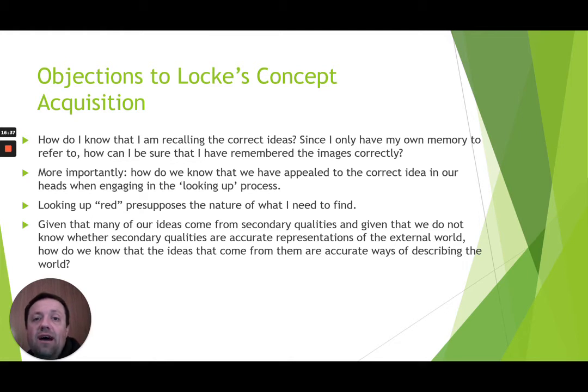They are how our mind and our senses are able to represent the mind-independent world to us. But if that representation is limited, or if that representation shows us something that is not exactly what's there, then obviously we will have developed ideas from those experiences. So then the question is, how do we know whether the ideas that we've got are the correct ideas for describing reality? And that's perhaps the most serious objection in this whole set here.